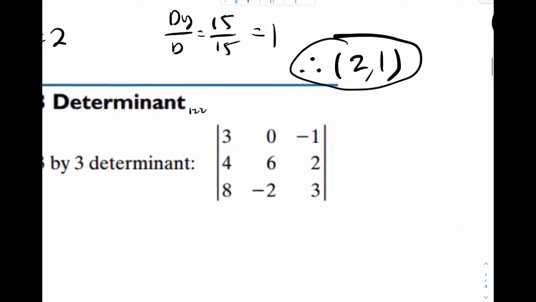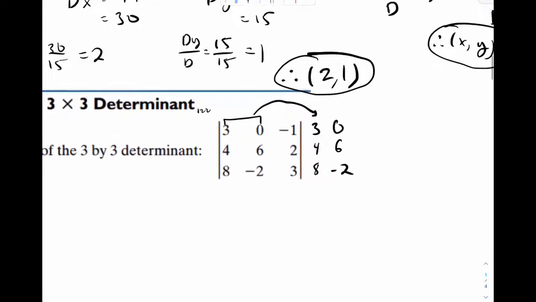But in this class, I'm just going to show you the really simple way to do this. All you do is copy and paste these 2 columns right next to the matrix: 3, 4, 8, 0, 6, negative 2. So again, I just took these 2 columns and wrote them over here.